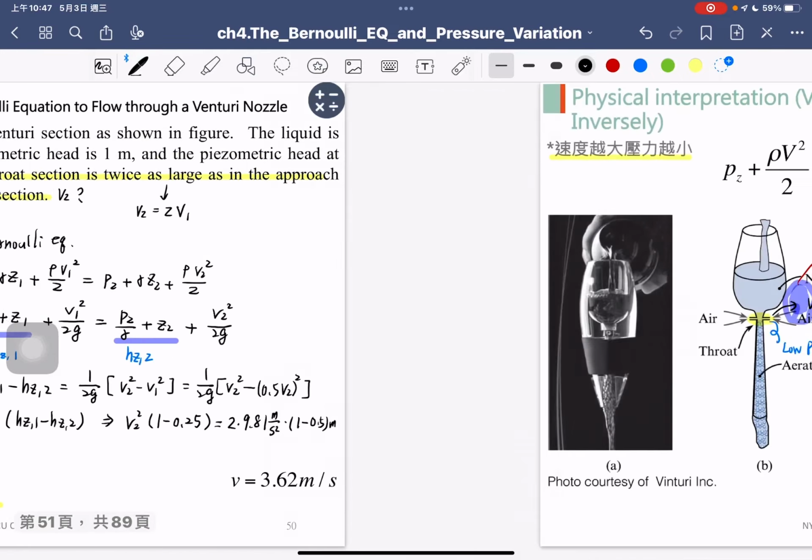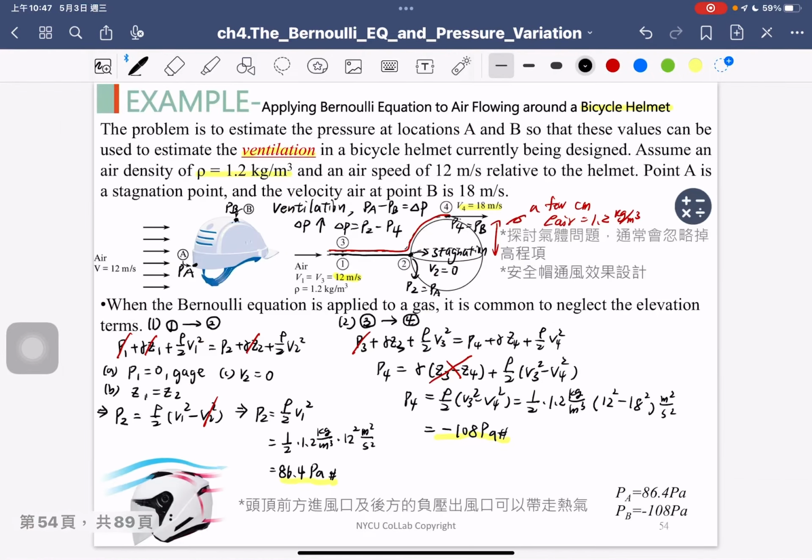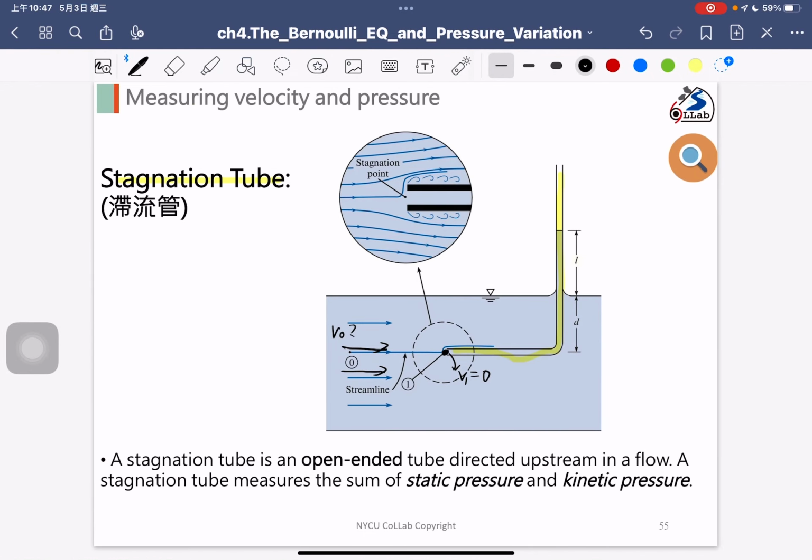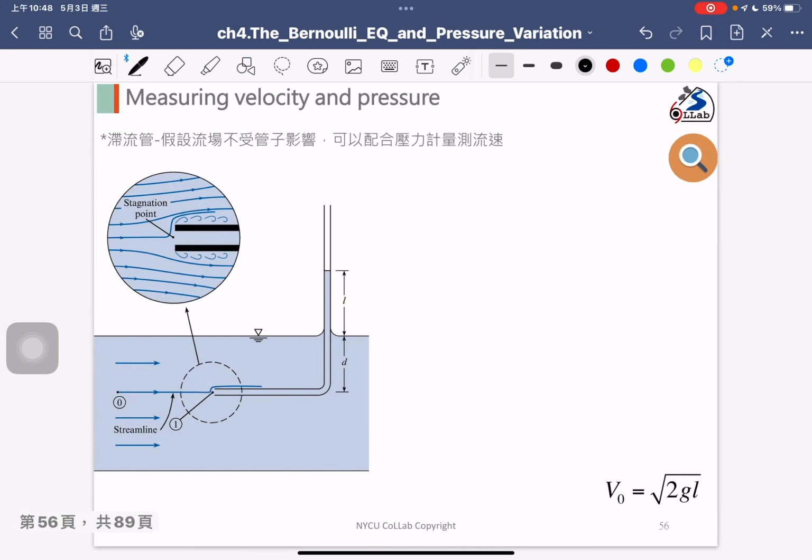But if we go back to the stagnation tube, we need to put the tube inside the flow field, so this device will disturb the flow conditions. But it is easy to measure the flow velocity we want. So how can we measure the velocity?